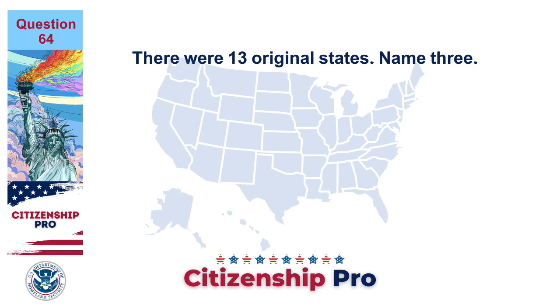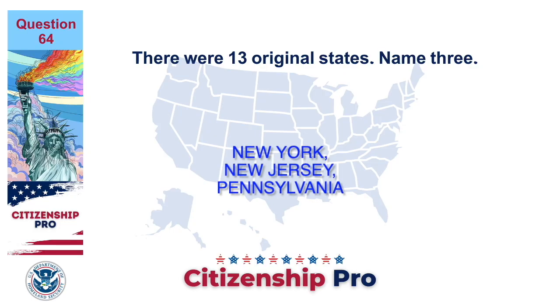There were 13 original states. Name 3. New York, New Jersey, and Pennsylvania.